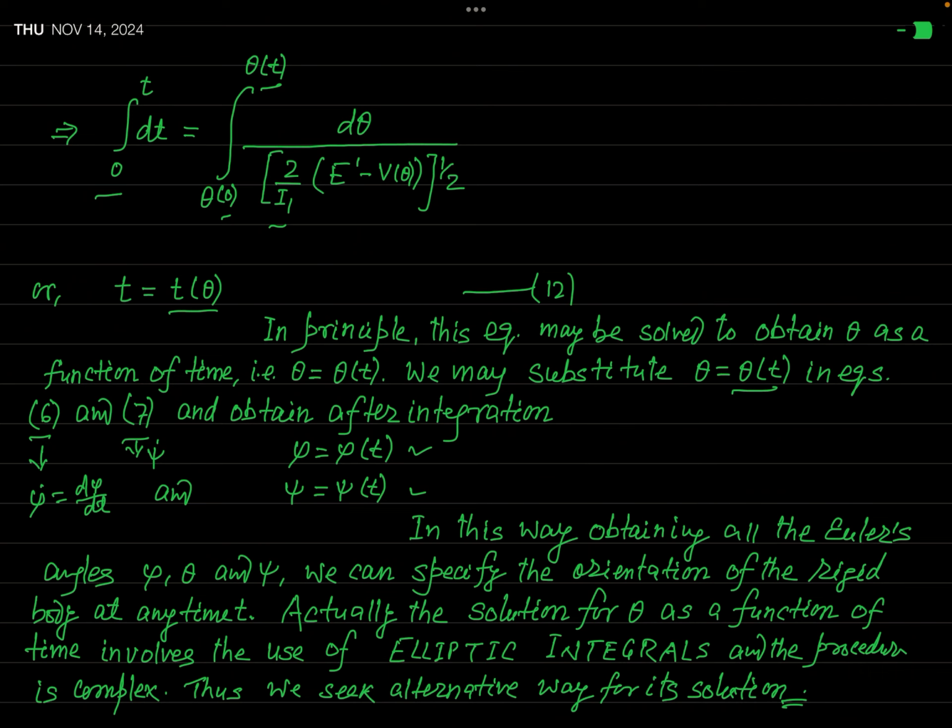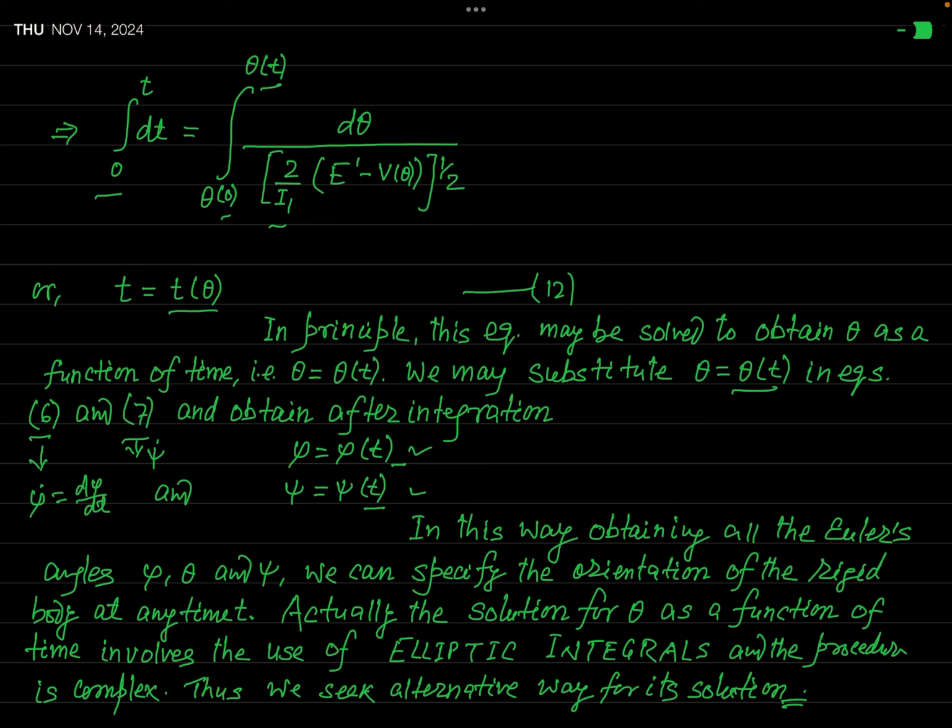So after integration, phi as a function of time and psi as a function of time may be obtained. Thus we have obtained the three Euler's angles, phi, theta and psi, which specify the orientation of the rigid body at any time.